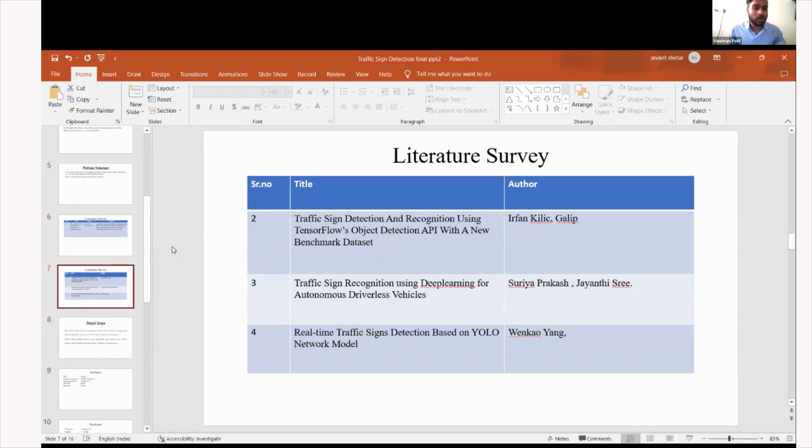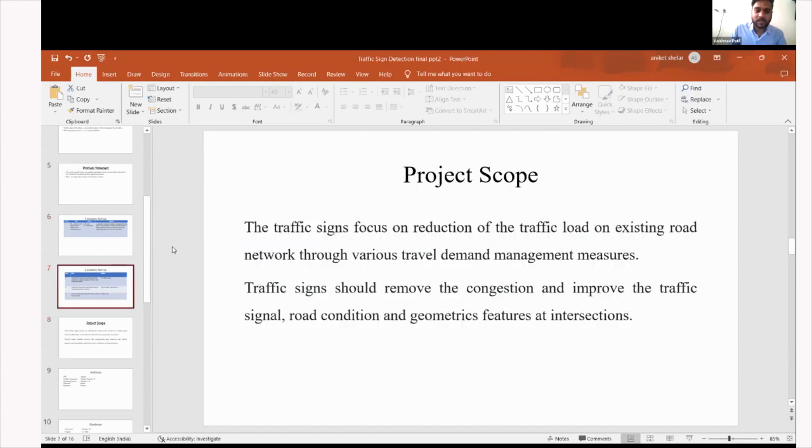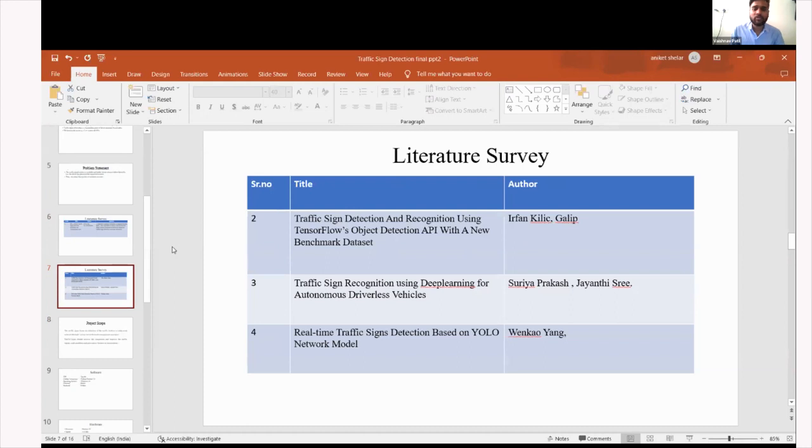There are more literature surveys. Next is traffic sign detection and recognition using TensorFlow object detection API with a new benchmark dataset, and the author is Irfan Klinik. The second one is traffic sign recognition using deep learning for autonomous driverless vehicle.